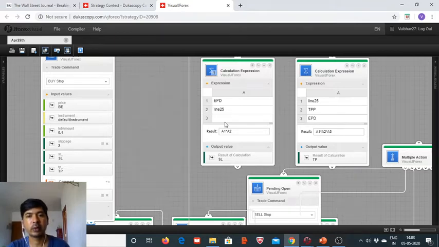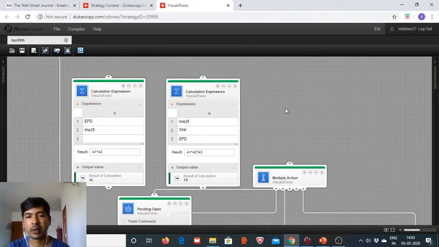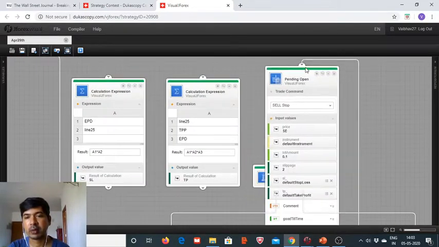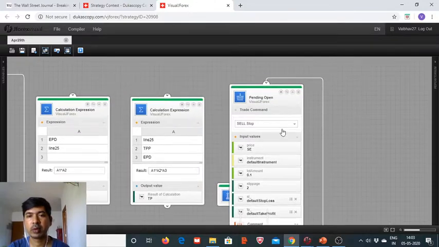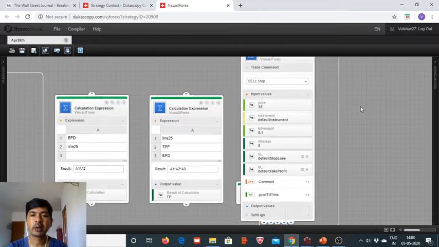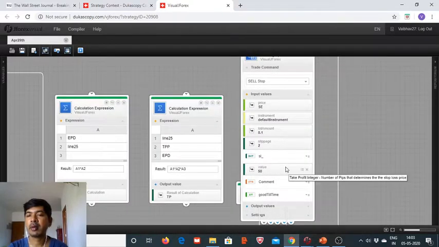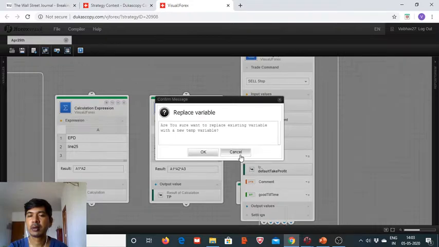And for stop loss, since we are utilizing it at a fixed value of 10 minutes ATR, we don't need an additional variable. a1 into a2 will do fine. And now comes putting the same values on the sell side. So we take this out and we bring in the other.